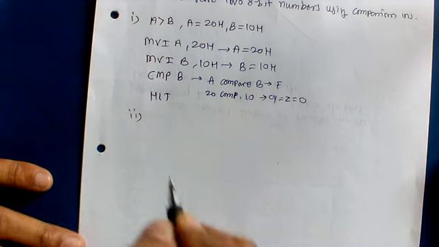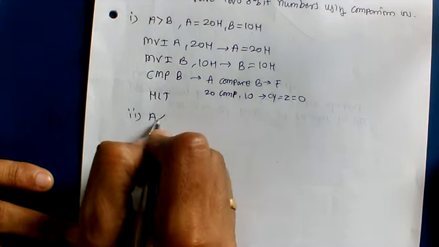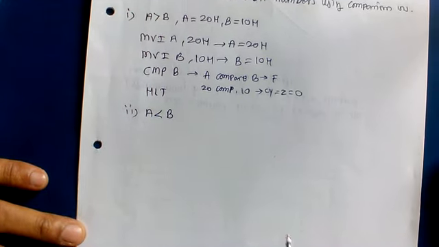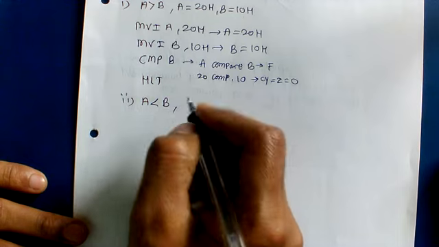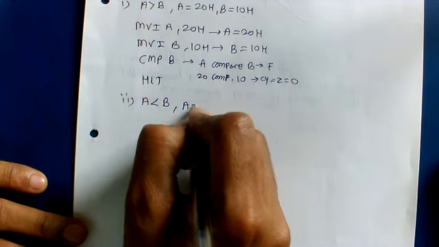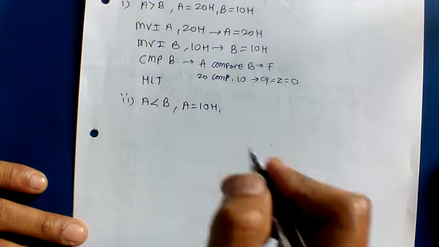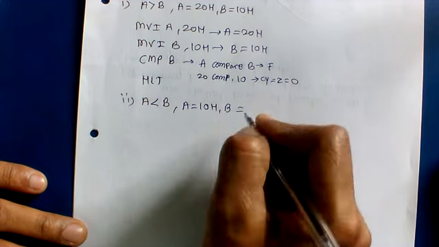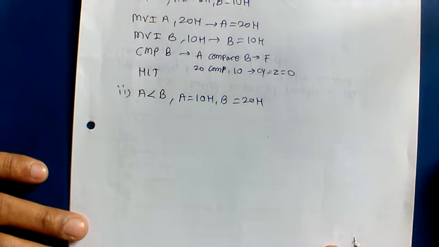Second program in this comparison, if accumulator content are smaller than B register content. Okay. So suppose in accumulator 10hex is available, B register with 20hex. Okay.